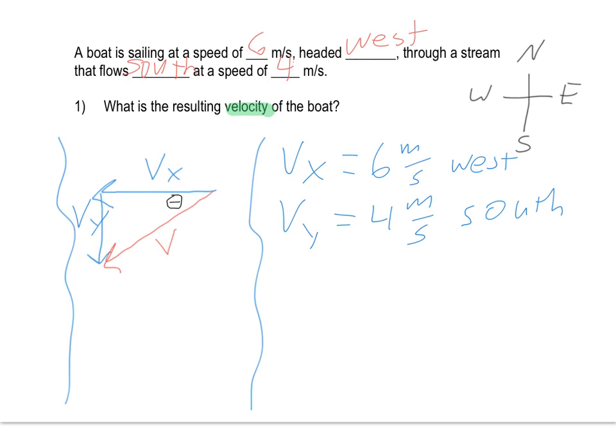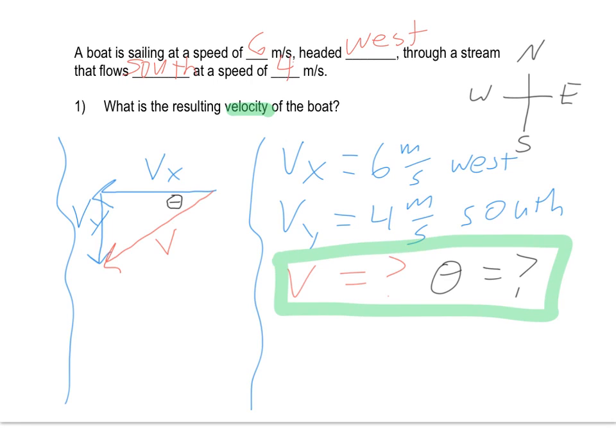The things that I need to solve for are the speed of the boat, V, and the direction of the boat, theta. These two things together, those two numbers, are what's going to give me my total velocity.